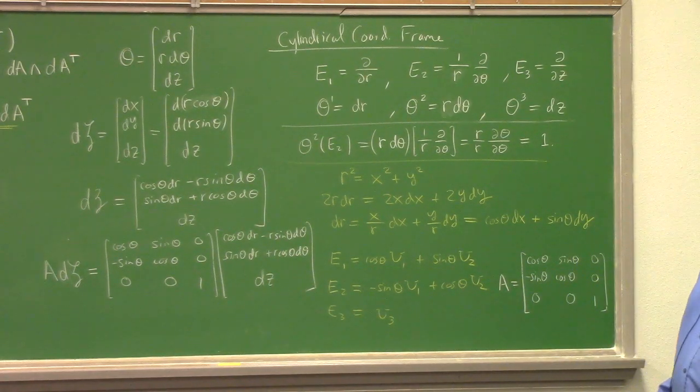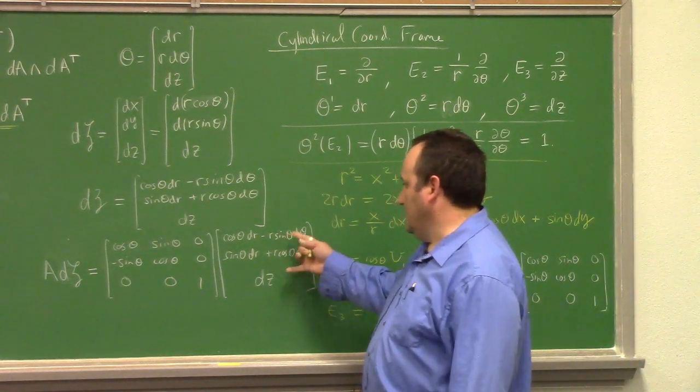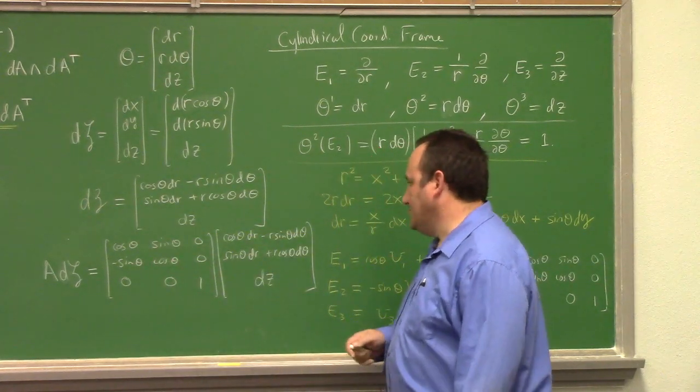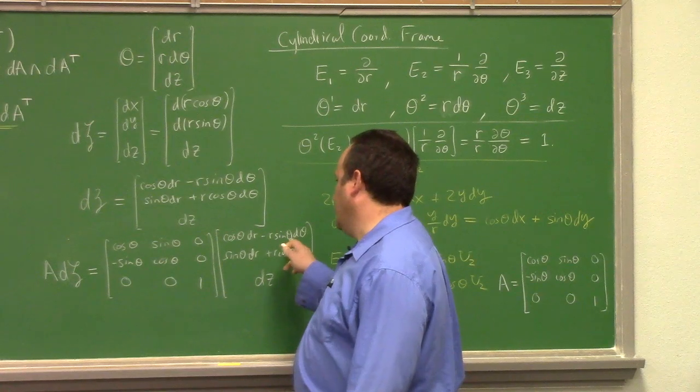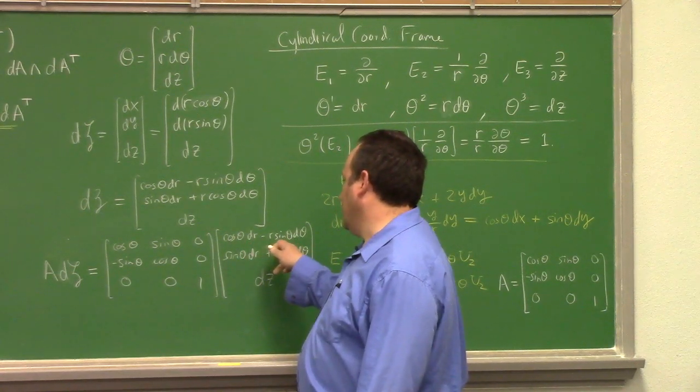Do we actually get theta from a d zeta? I think we do, because when you multiply, that gives me cosine squared theta dr minus r cosine d theta.